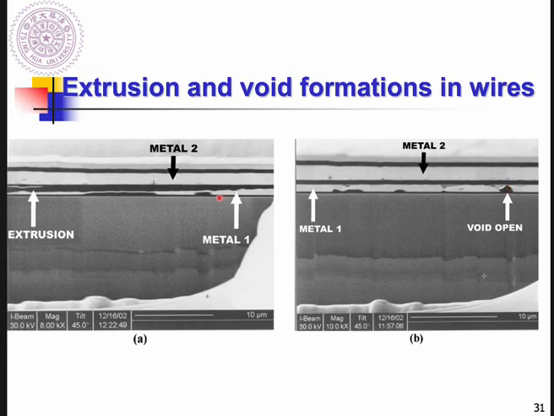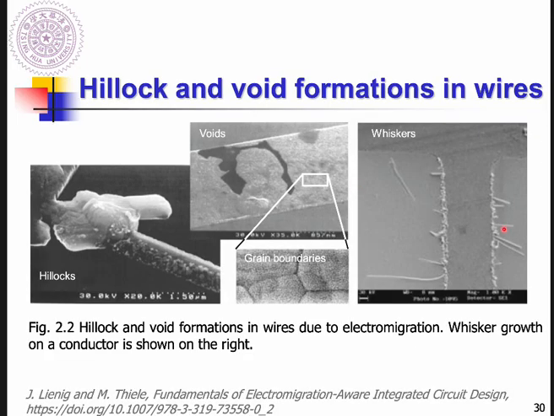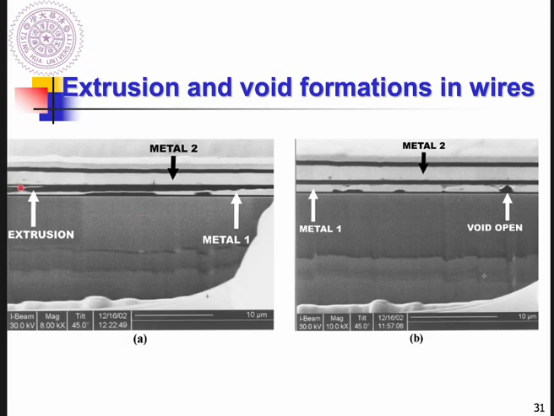No matter whether it's whisker growth, a helix, or an extrusion, when it happens in your conducting wire, it will probably cause a short circuit in your device.